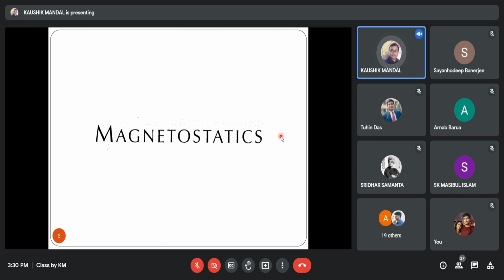So at the starting of magnetostatics, we have to become familiar with the different usual terms that are used in magnetostatics. You are already familiar with it. I will just go through the basic definitions of those parameters. Then we will enter into the main part as per our syllabus.